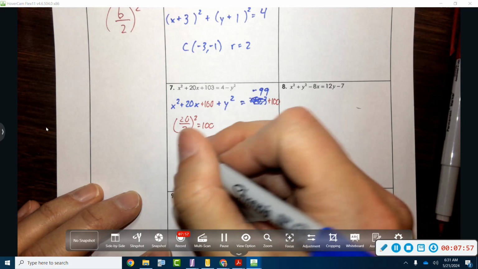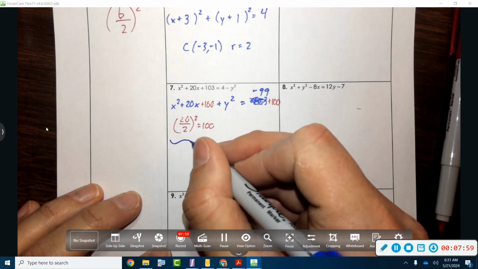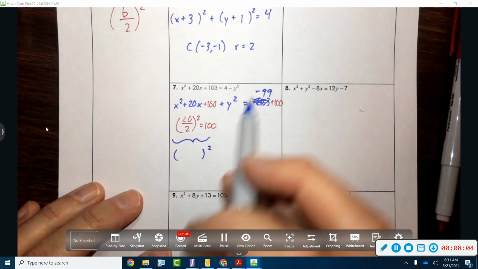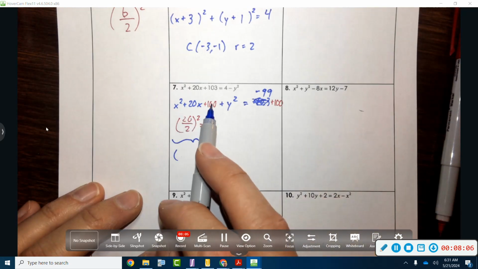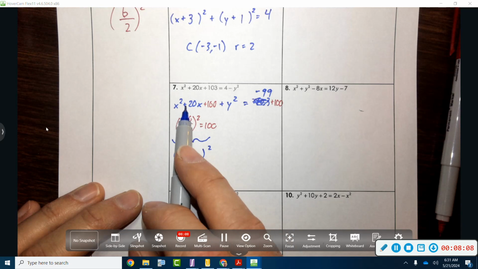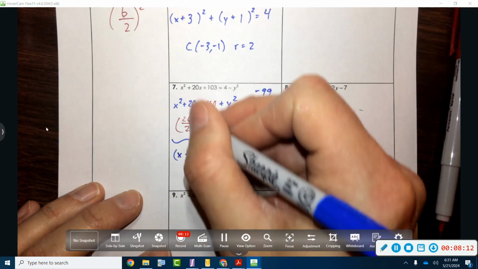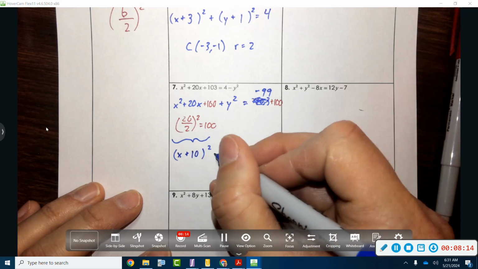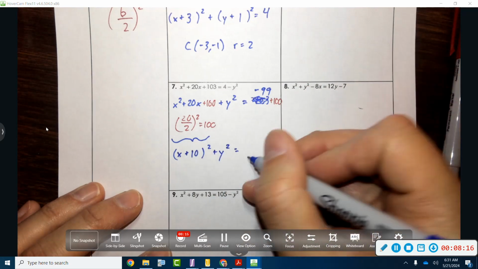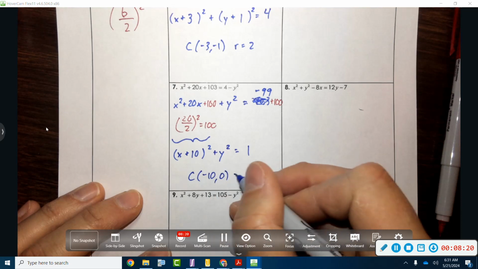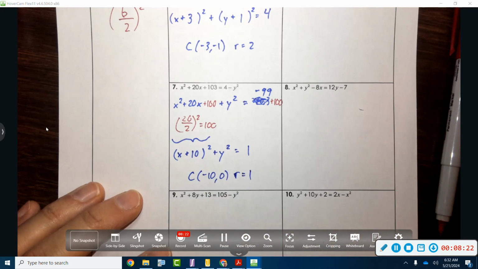So now our perfect square trinomial here will have to have parentheses, and we will take the square root of this, and we will take the sign of this guy. So we have (x plus 10) squared plus y squared equals 1. So our center is now -10, 0, and the radius equals 1.